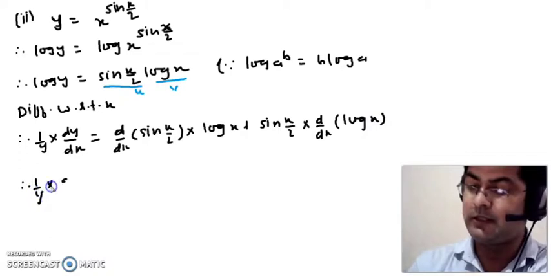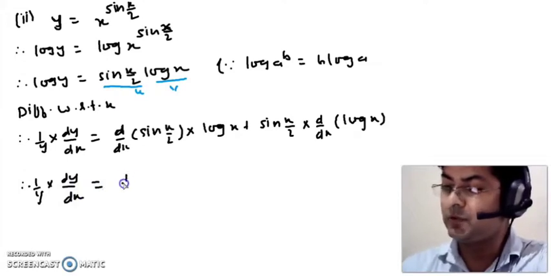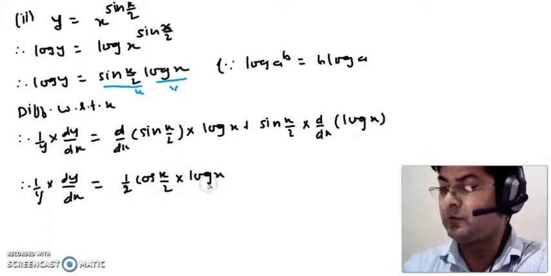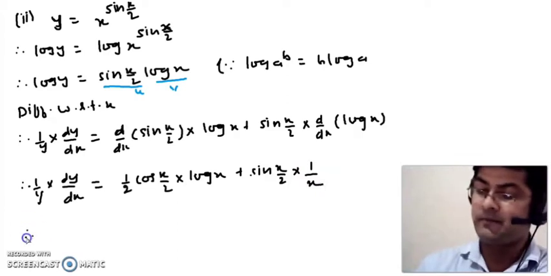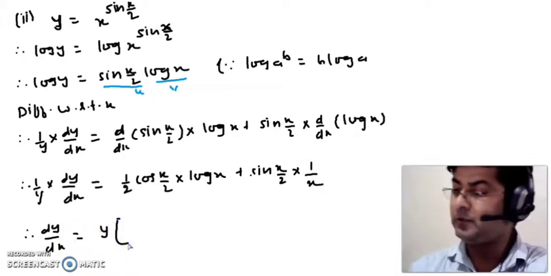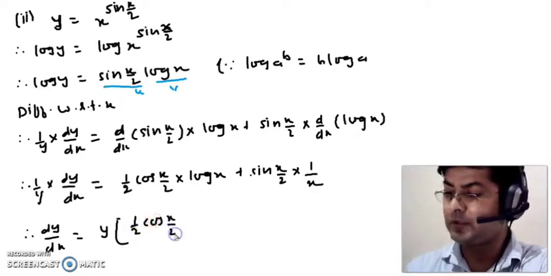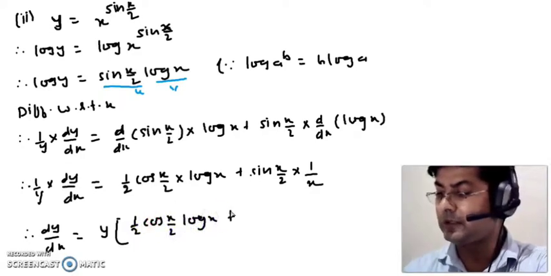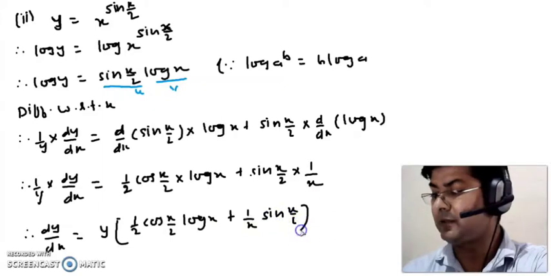Therefore 1 upon y into dy by dx is equal to, differentiation of sin(x/2) will be 1 by 2 cos(x/2) into log x, plus sin(x/2) into differentiation of log x, which is 1 by x. Now make dy by dx the subject: it is equal to y into bracket 1 by 2 cos(x/2) into log x plus 1 by x into sin(x/2).